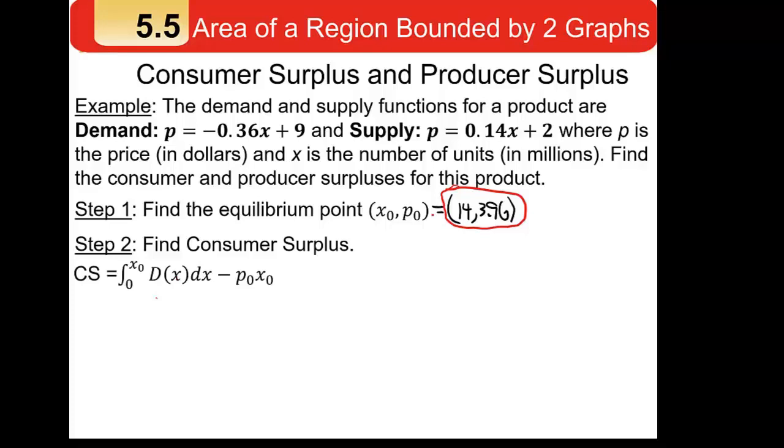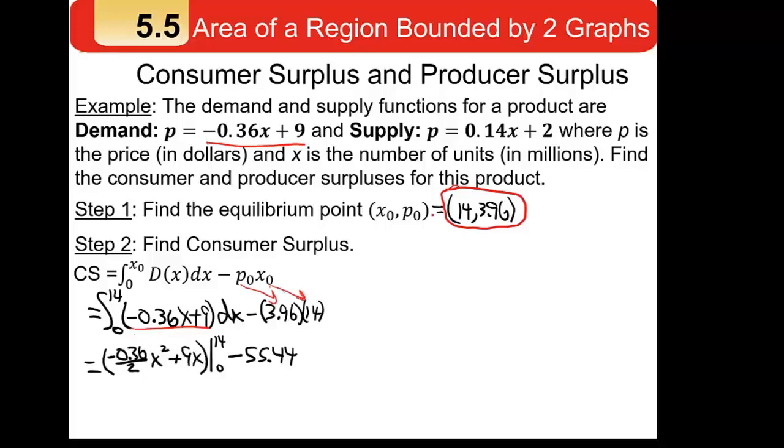The formula, as we derived a minute ago, the consumer surplus is the integral from 0 to the x coordinate of the equilibrium point of the demand function, minus the product of the equilibrium price and the equilibrium quantity. Remember, we derived that formula just a minute ago. Well, the demand function was given to us, so we plugged that into the integrand, and then you've got to do P0 times X0 and subtract it off.